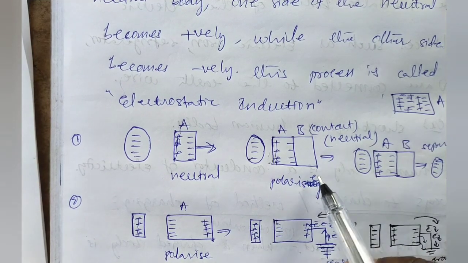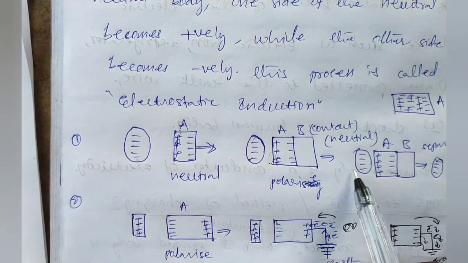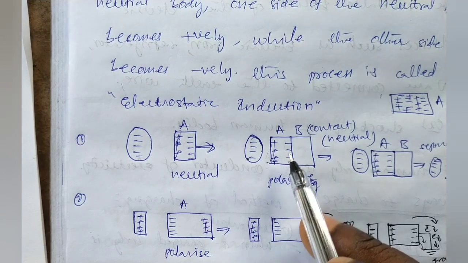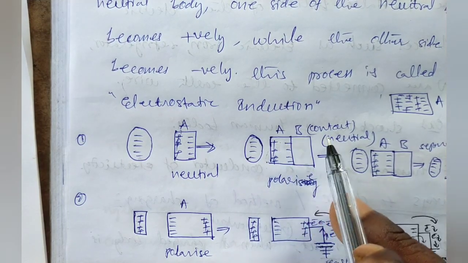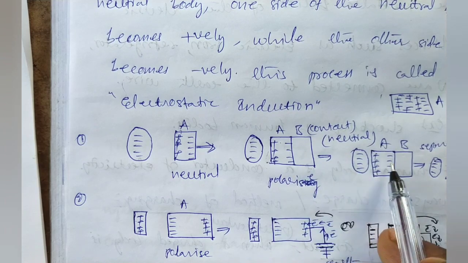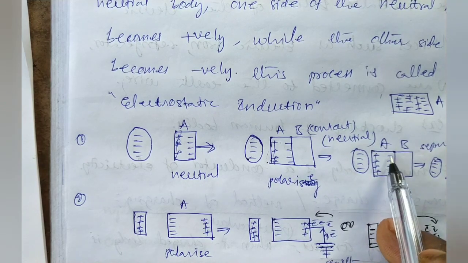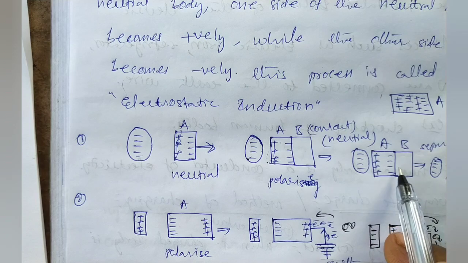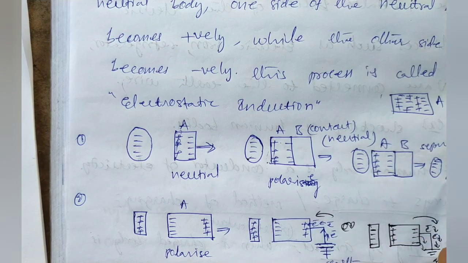Suppose in this case the second body A is connected to another neutral body with no charge carriers, and the charge carriers can be divided into some parts like this.